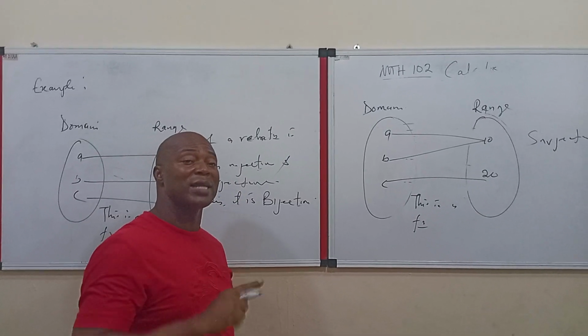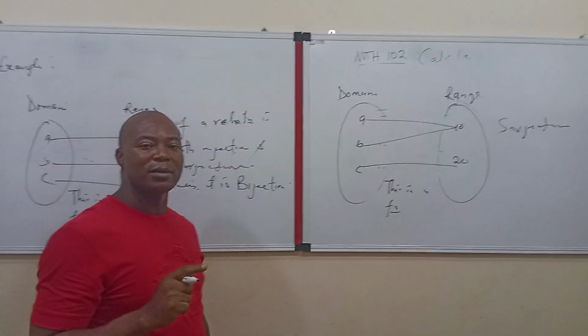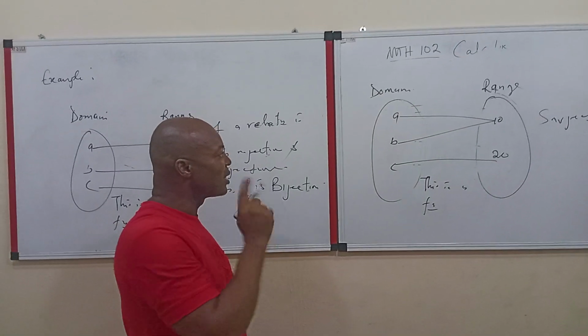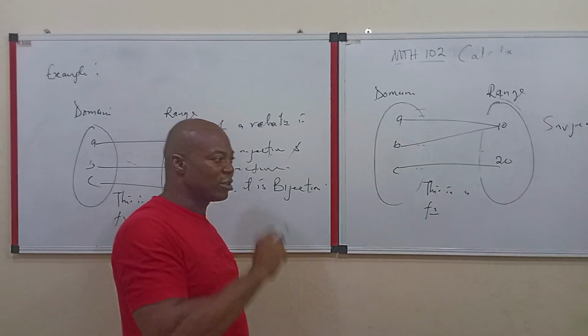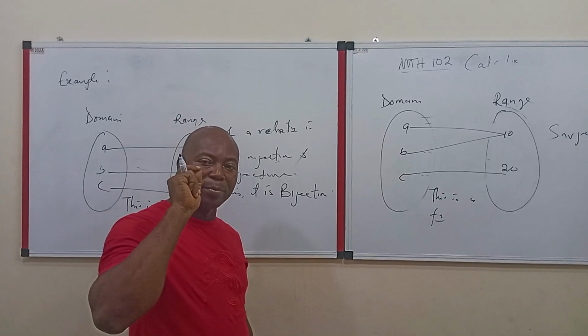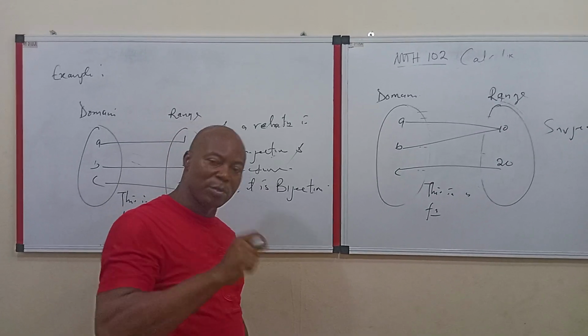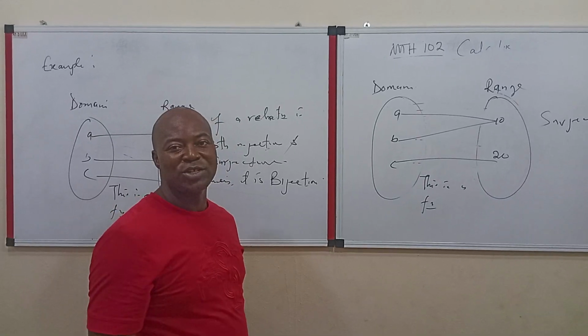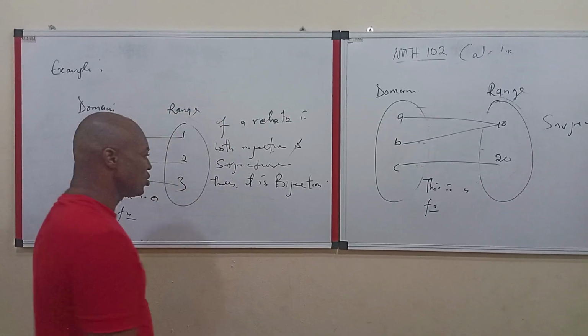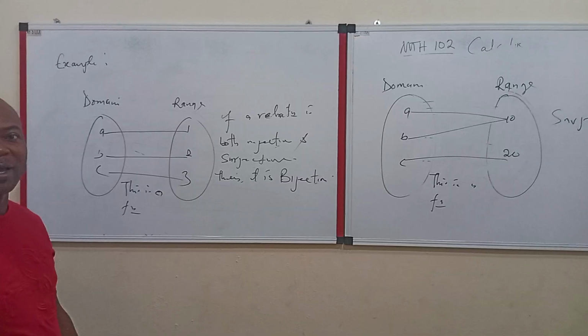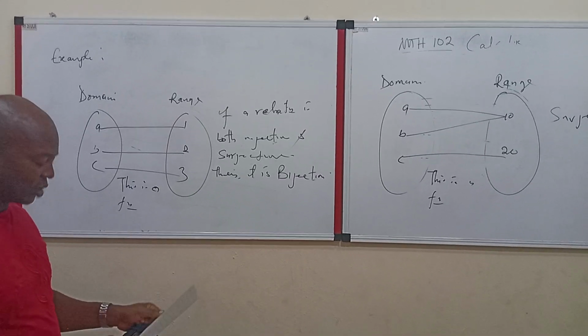When all of them are mapped, then we say that it is surjective. For it to be bijective, the relation must be a function first, then it must be injective and surjective. Then we say that such a relation is bijective.